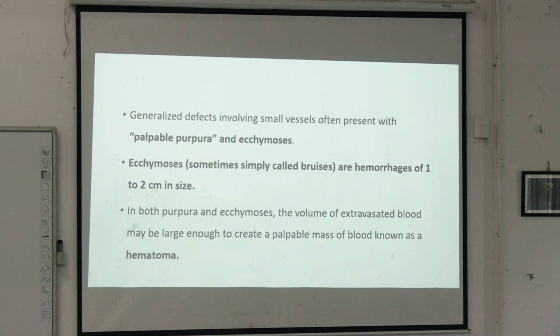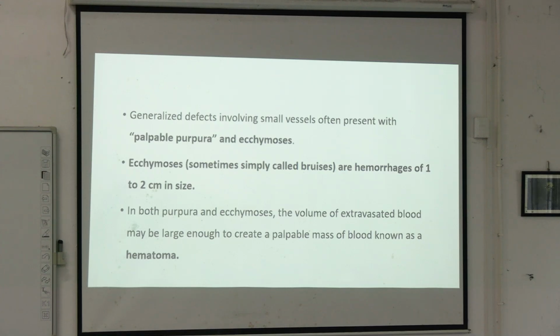A generalized defect involving small vessels often presents with palpable purpura and ecchymosis. Ecchymosis, sometimes simply called a bruise, is a hemorrhage of 1 to 2 cm in size. In both purpura and ecchymosis, the volume of extravascular blood may be large enough to create a palpable mass known as a hematoma.